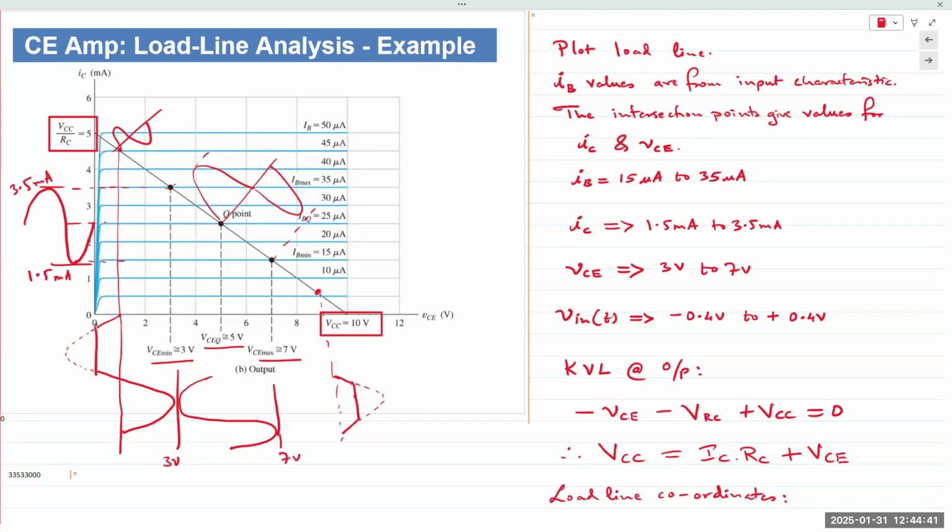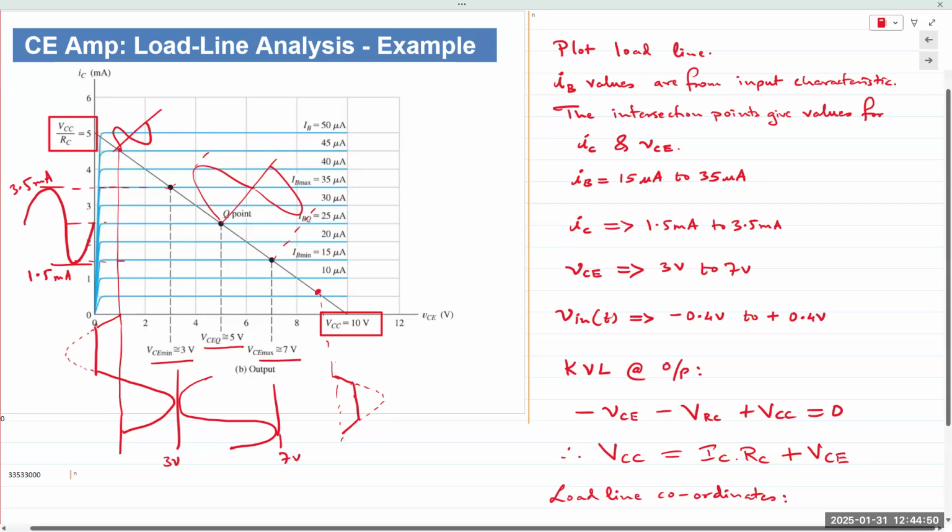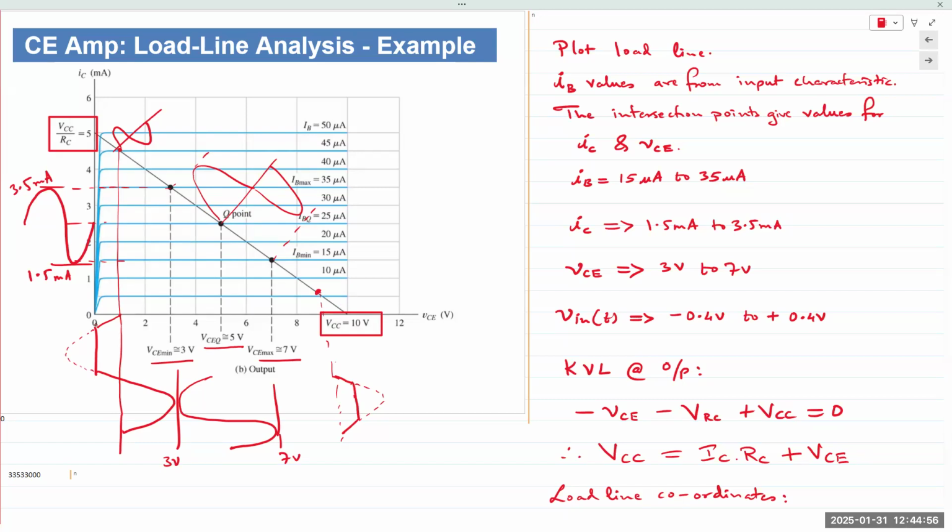So the Q point wouldn't be in the center. The Q point would be somewhere here or somewhere here. That is a result of DC biasing, not V in, not the AC input voltage. So that would be an incorrect biasing or a poorly designed biasing circuit.